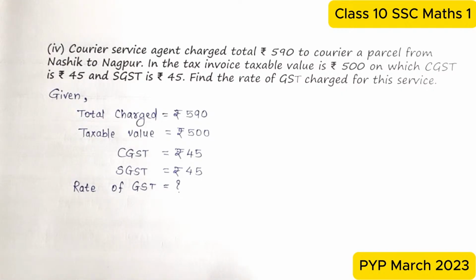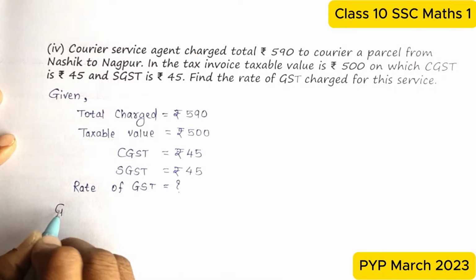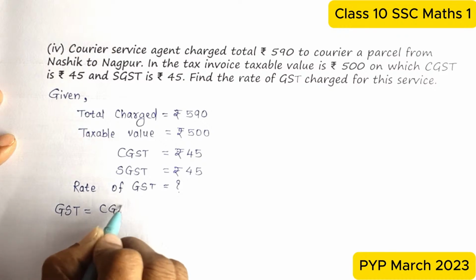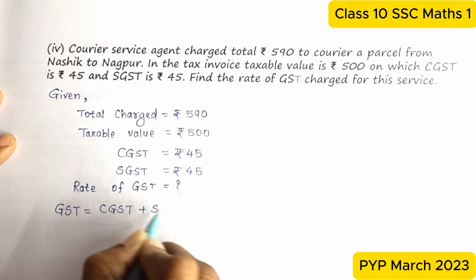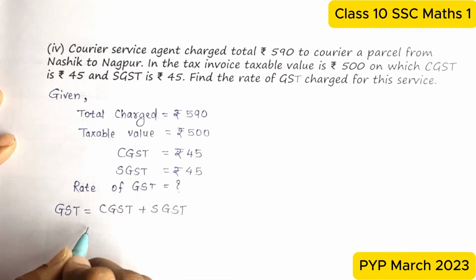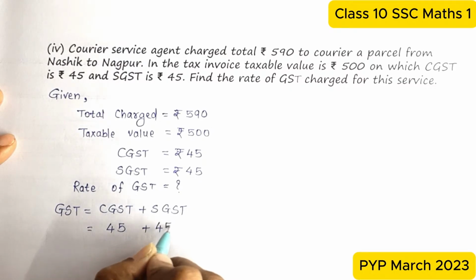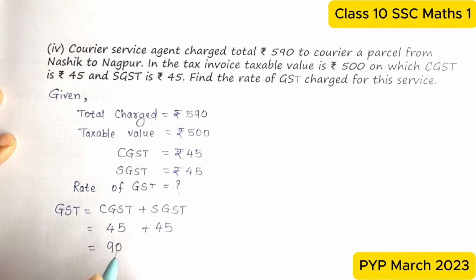Now here students, we write that GST is equal to CGST plus SGST, and we know the value of CGST is 45 and SGST is 45, so which is equal to 90. So the GST is equal to rupees 90.